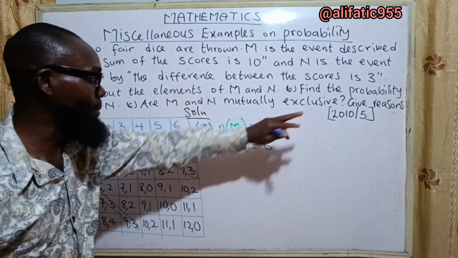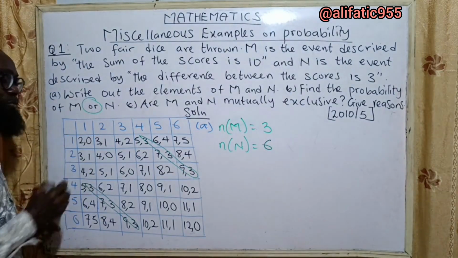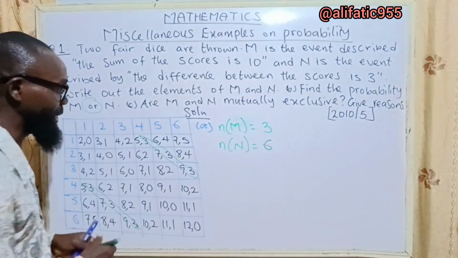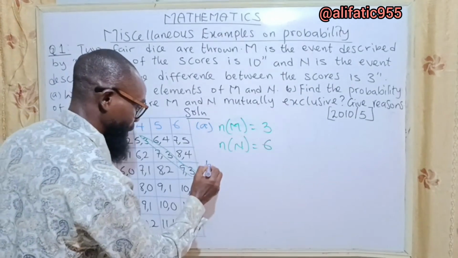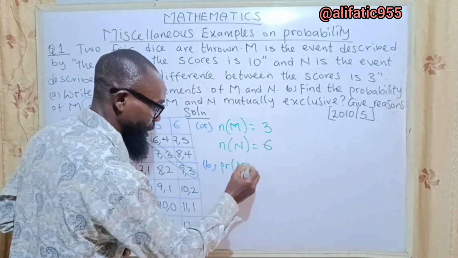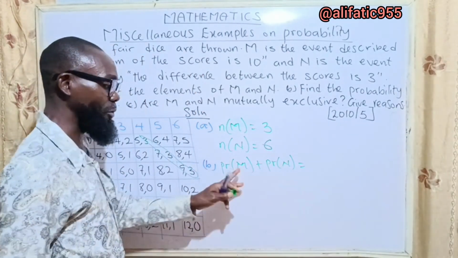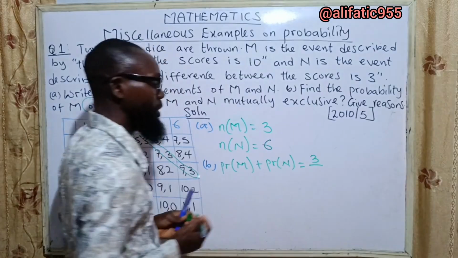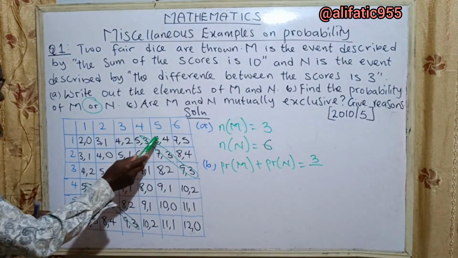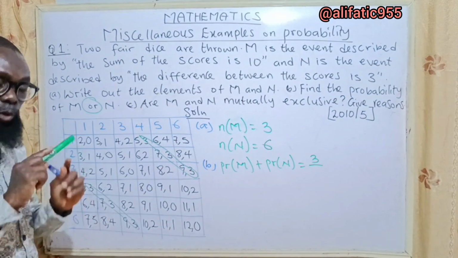Question B. Find the probability of M or N. The word or, don't forget from our previous lessons, means plus, addition. So in this case, question B, we now have probability of M plus probability of N, which equals the number of M, we have 3, over the total number in this sample space. 1, 2, 3, 4, 5, 6. 1, 2, 3, 4, 5, 6. 6 multiplied by 6, we have 36.